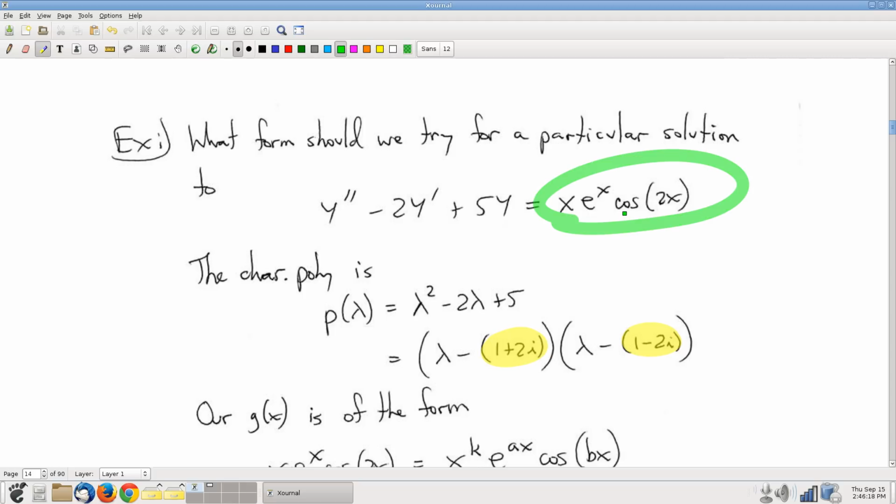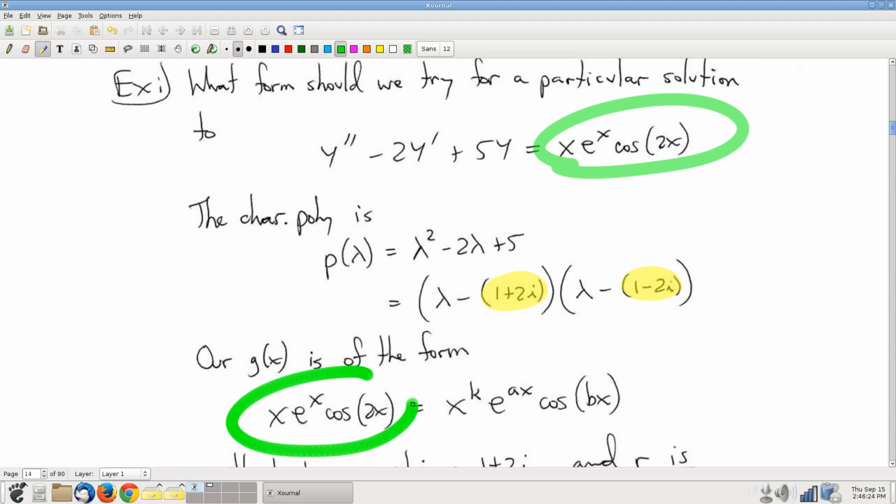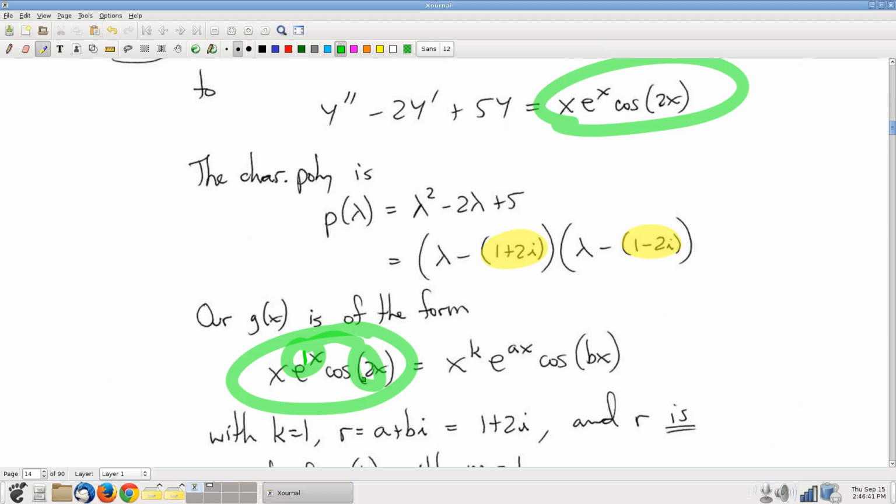Now, let's look at the right-hand side. The theorem says that we look at the right-hand side. Here it is. And we identify these numbers, the 1 there and the 2 there. And we use those numbers to help us form this number called r, a plus bi.